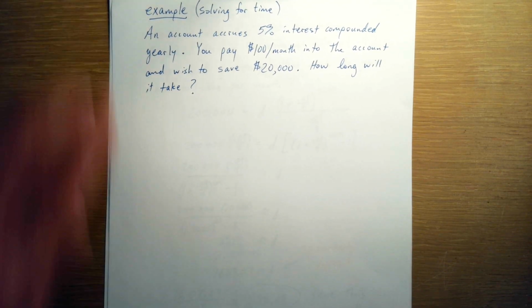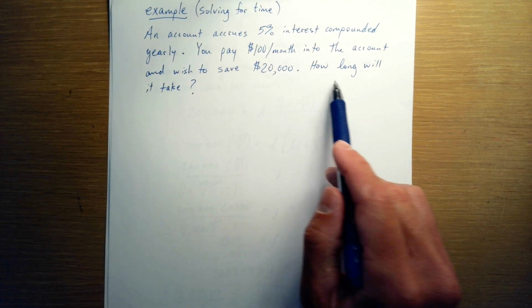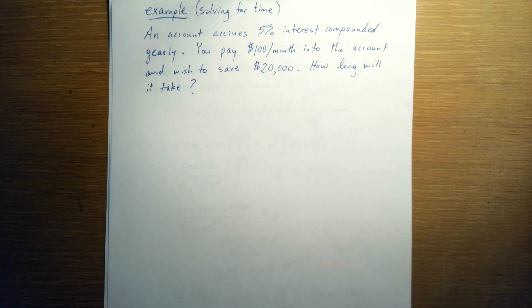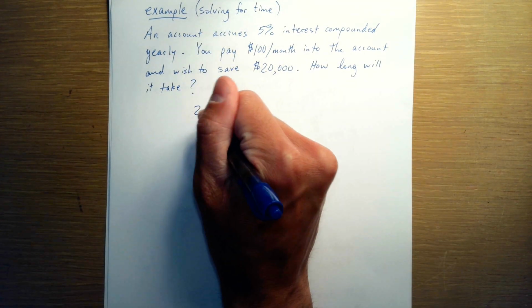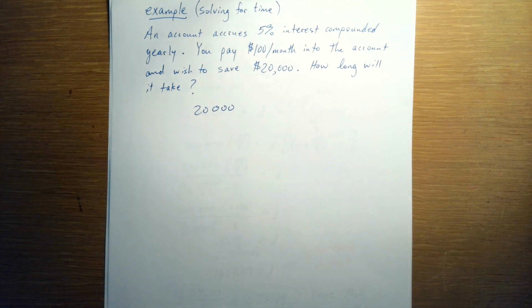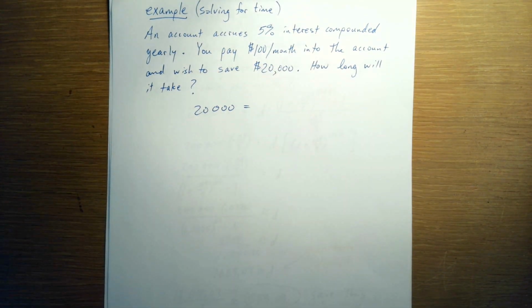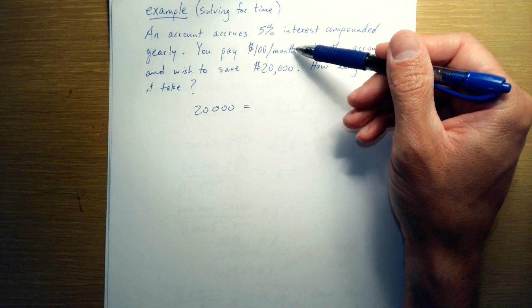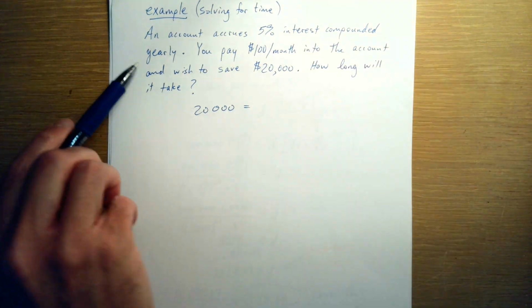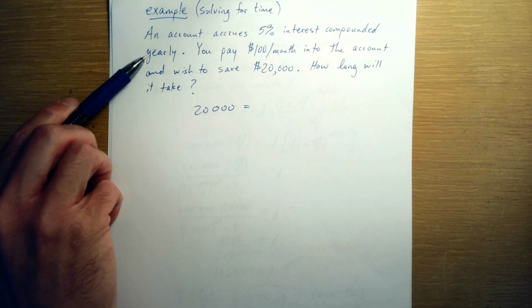So again, we use the same formula, but now how long means we're solving for capital N. So we want to reach 20,000, which means that's our future value, P sub N. We're saving $100 per month, but the account is compounded yearly.